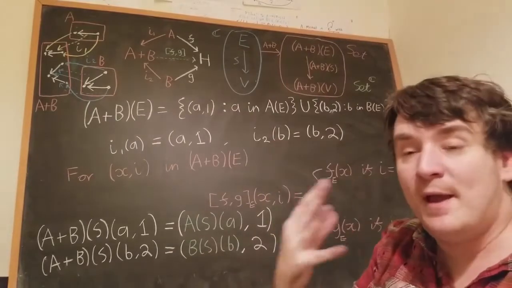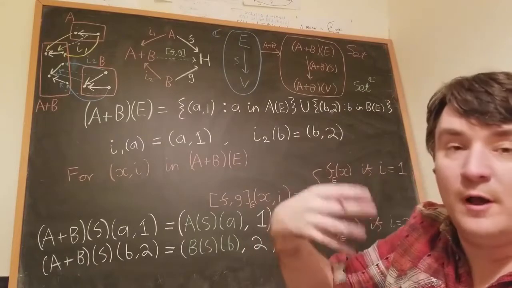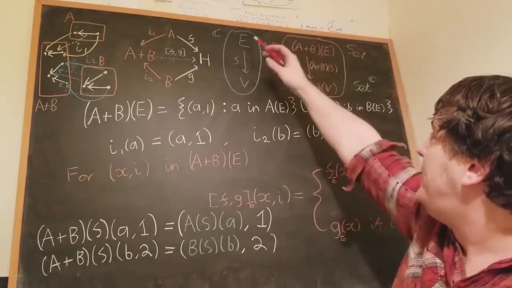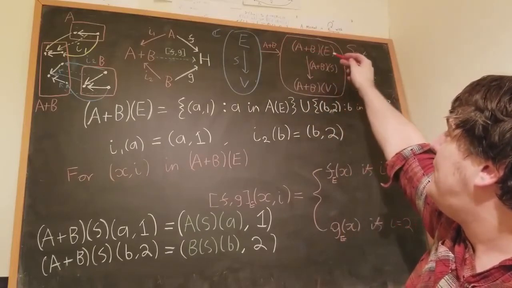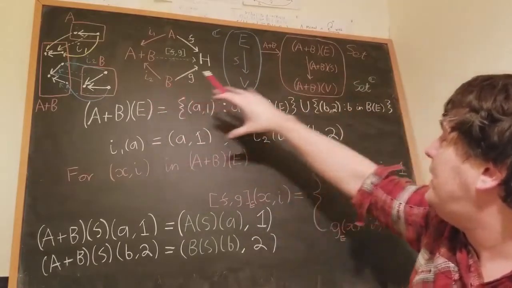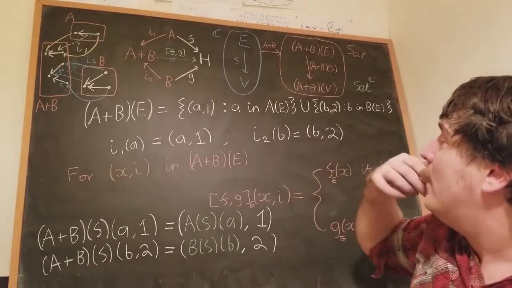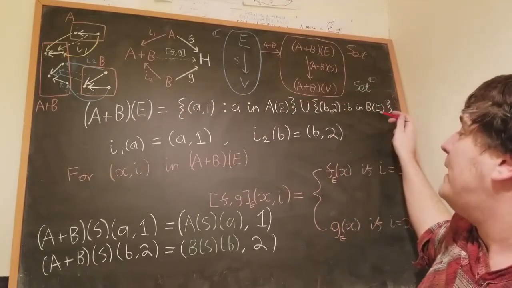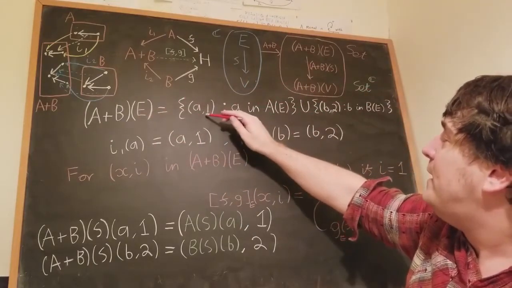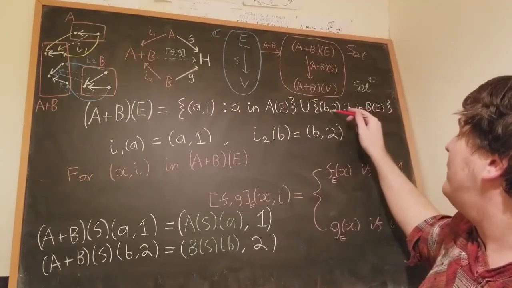Okay, so that's the basic idea, but how does this work in more detail? Well, for an object E, we consider this set A plus B of E to be, set theoretically, the disjoint or discriminated union of A of E and B of E. Now, the way we actually make this is we stick a 1 on the end of everything that came from here and a 2 on the end of everything that came from here.